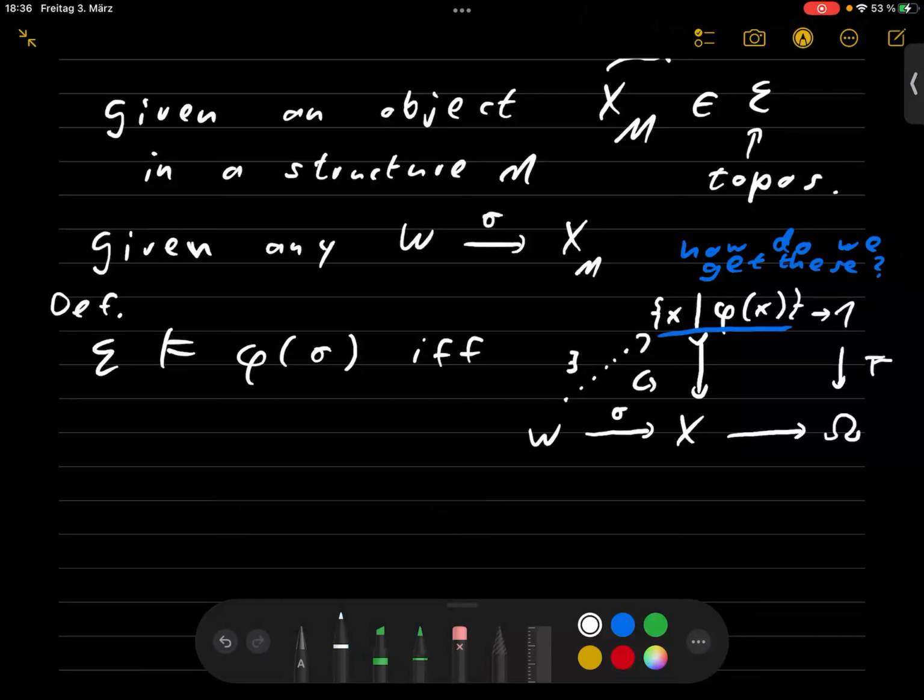And now the only thing is one needs to really get all these subobjects. This is the main point.